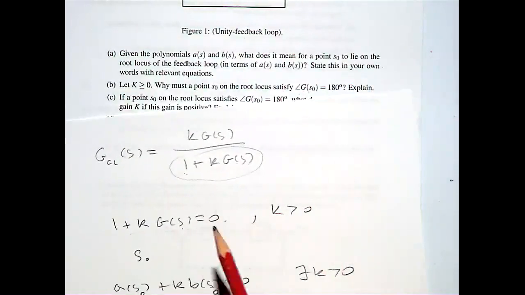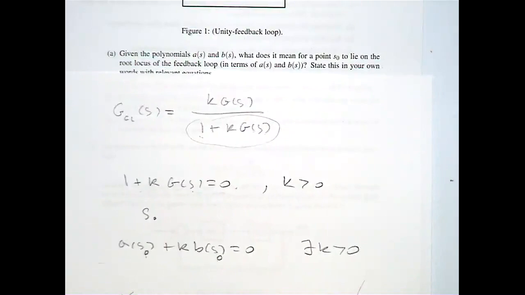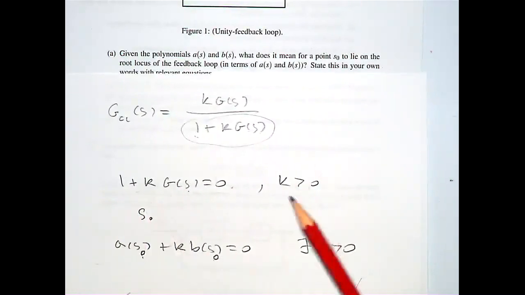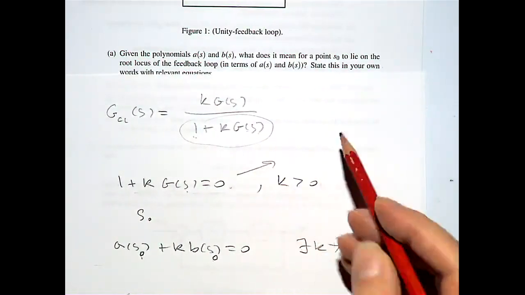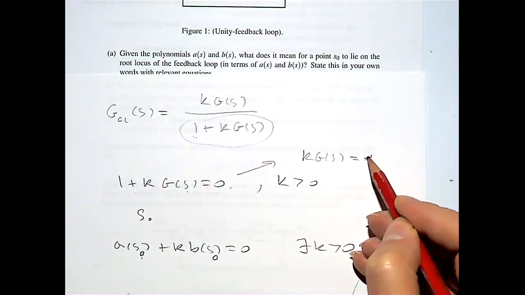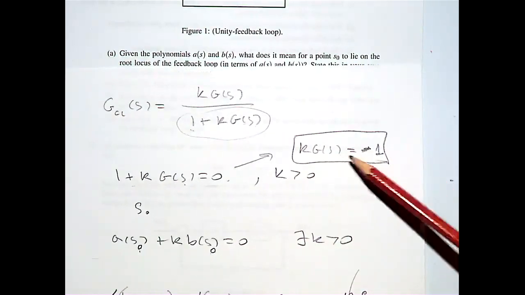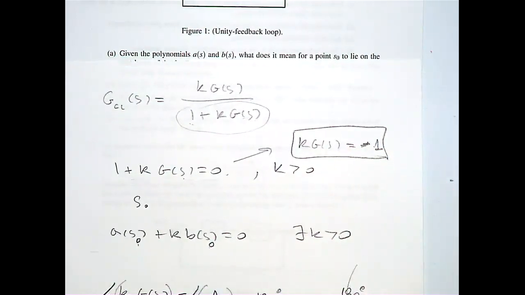I can rewrite this as K G of S equal to minus 1, right? But then we used the phase condition to write this. What we didn't use is the gain condition.